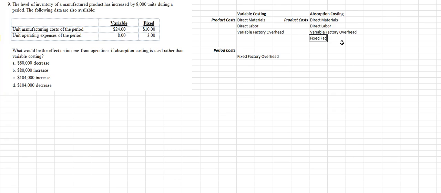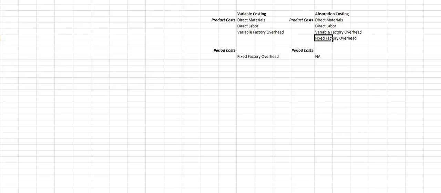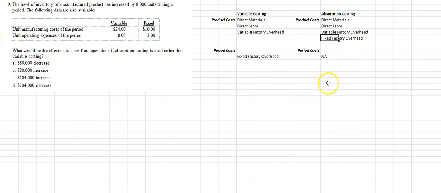So total factory overhead is included under absorption costing. Okay? So this is key in understanding. Period cost here, as far as factory overhead goes, is non-applicable. We're going to put it up here as part of the product cost. So this is key in understanding these type of questions.